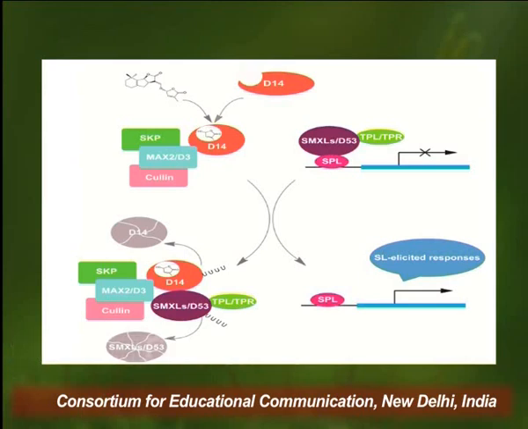And once the strigolactone molecule binds to D14, its enzymatic action activates, thereby causing the hydrolysis of the strigolactone molecule, which causes the breakdown of the enol ether bond, making ring A, B, C free from the complex.